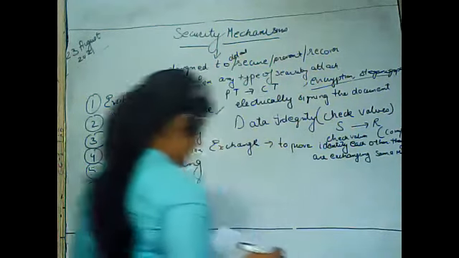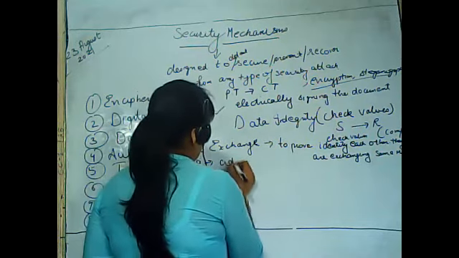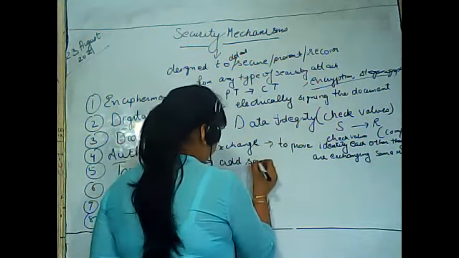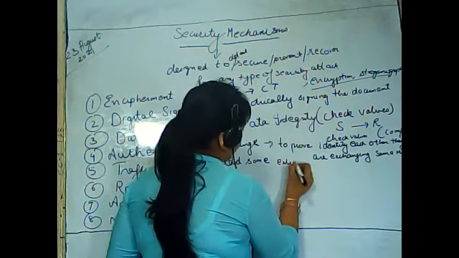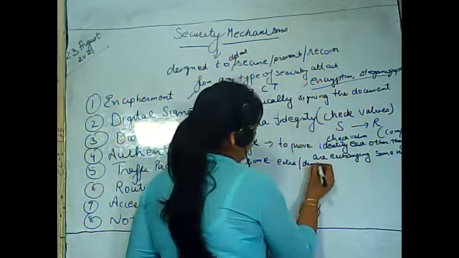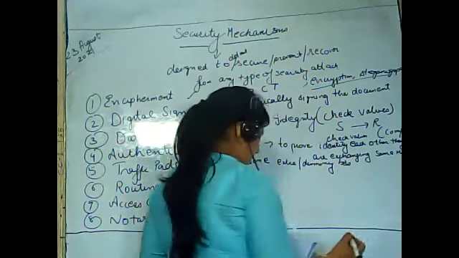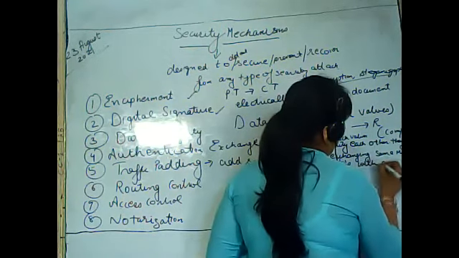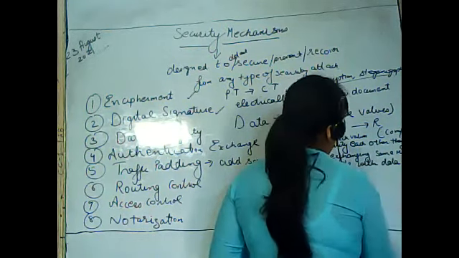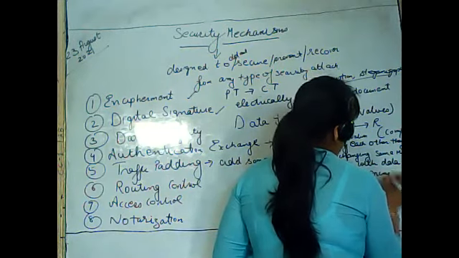So we can write like this, that we will add some extra or dummy bits with the data while encrypting.